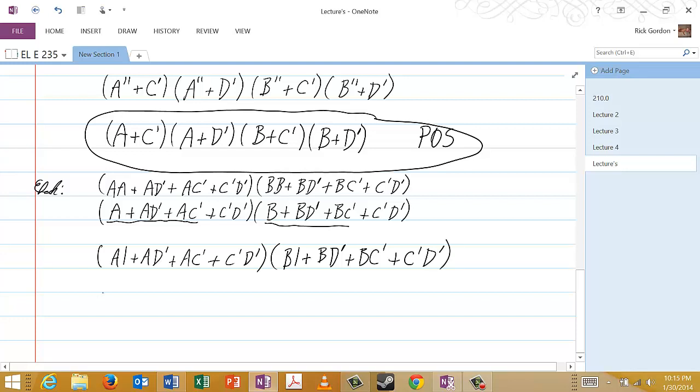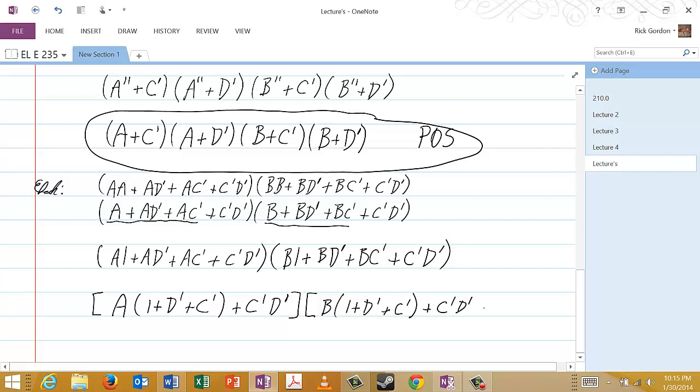And now we can rewrite each one of those as A ANDed with 1 or D complement or C complement, and then ORed with C complement D complement. And likewise, this could be rewritten as B ANDed with 1 or D complement or C complement, ORed with C complement D complement.